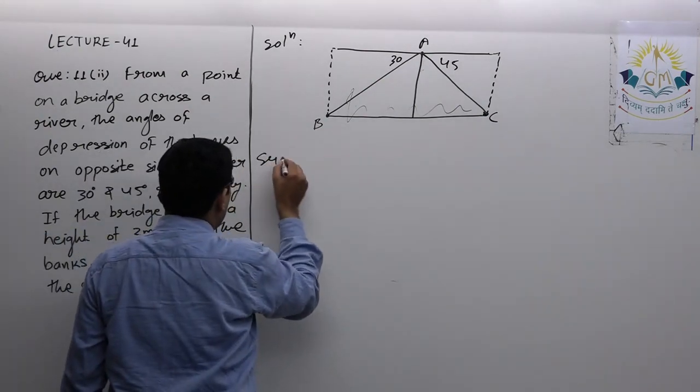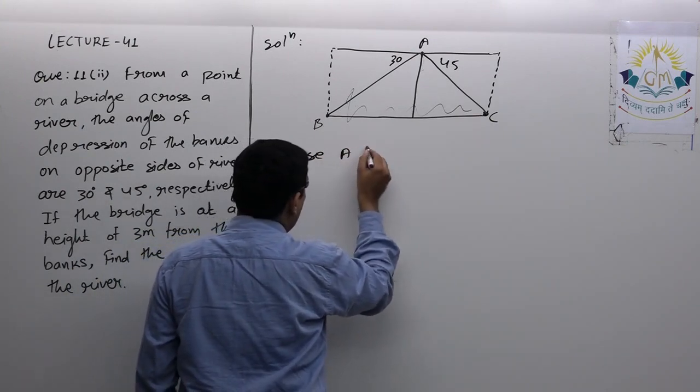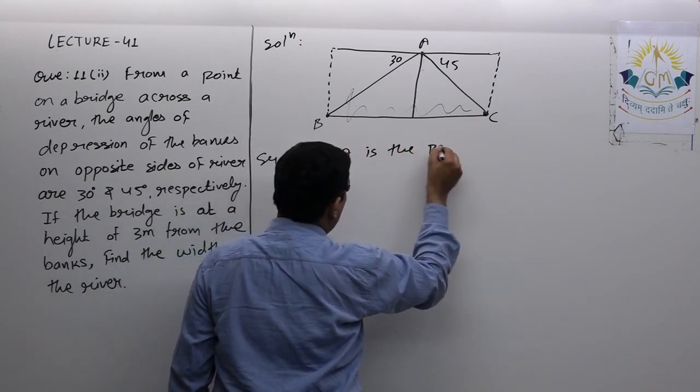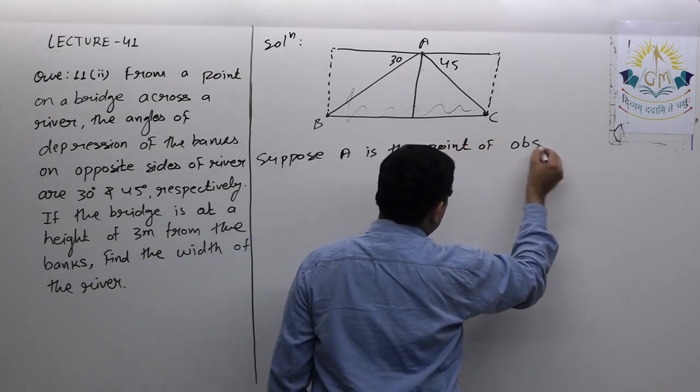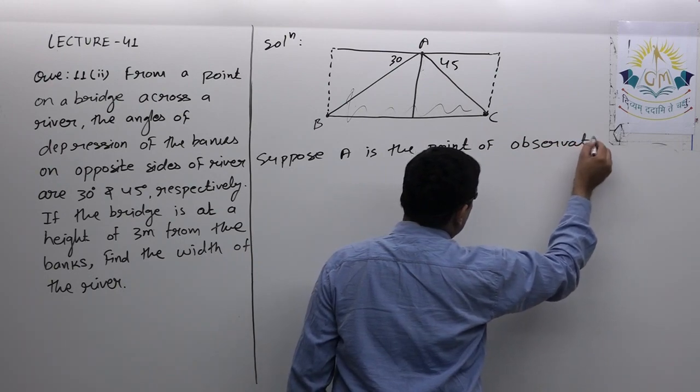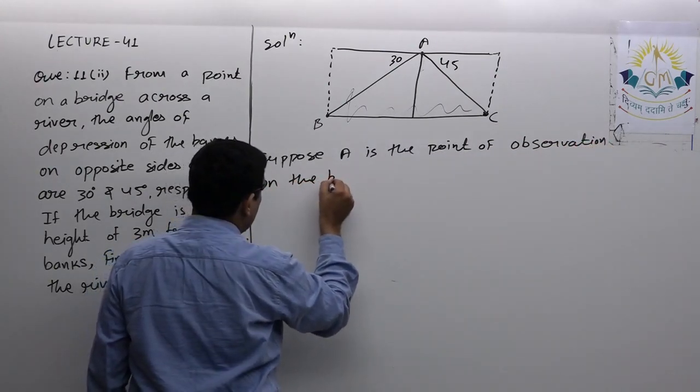So suppose A is the point of observation on the bridge.